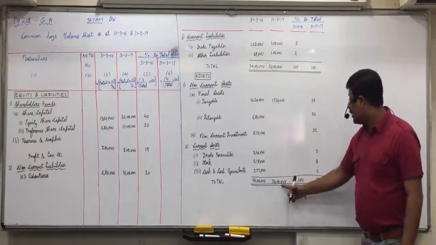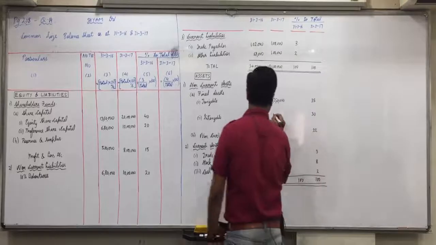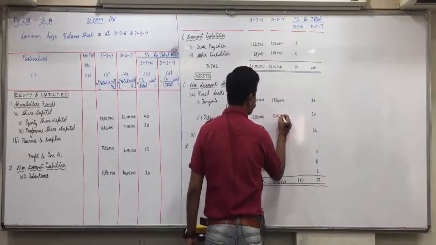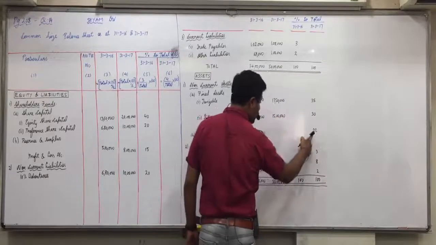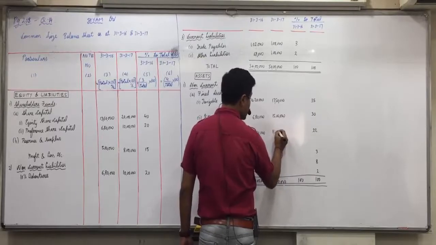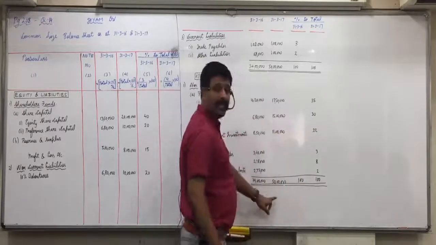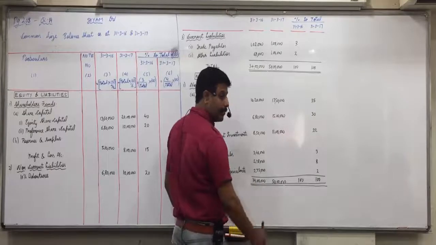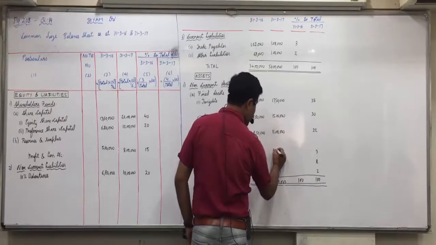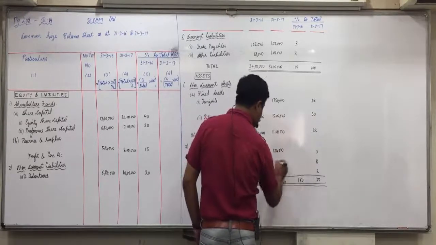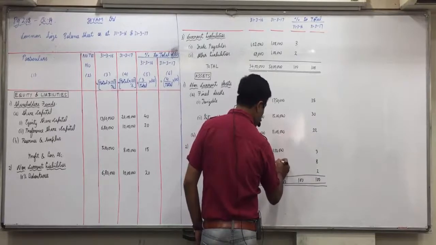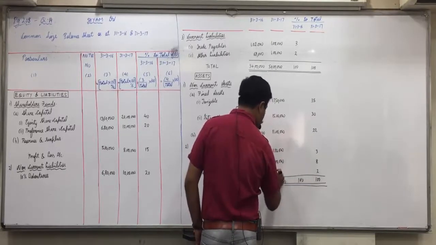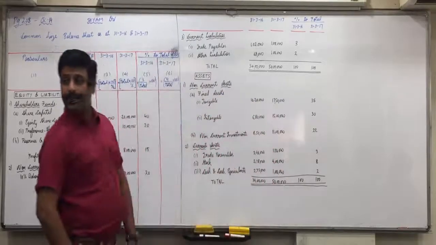Then 50 lakhs into 30%, 15 lakhs. 50 lakhs into 22%, 11 lakhs. 50 lakhs into 3%, 1 lakh 50,000. 50 lakhs into 8%, 4 lakhs. And 50 lakhs into 2%, 1 lakh. All are clear with this?